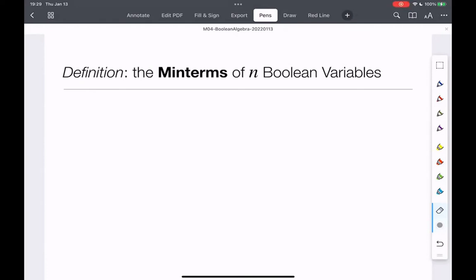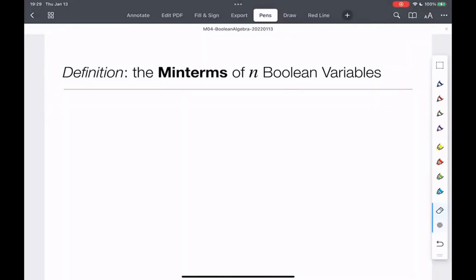Now there is another very important definition, and it's called minterm. If I give you a set of variables, let's say the inputs to a particular system, so let's say there are n 1-bit Boolean variables, which are your inputs.